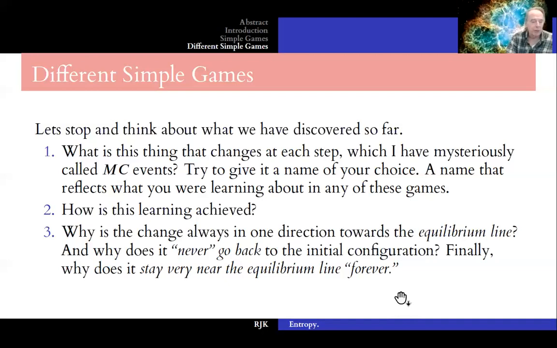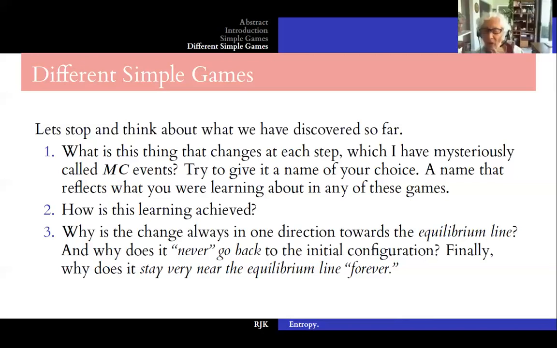So it's a question of probability, right? Yeah. So why does the change always occur in one direction towards the equilibrium line? Steve just asked about that question before, and I partially answered it. I would venture a guess.